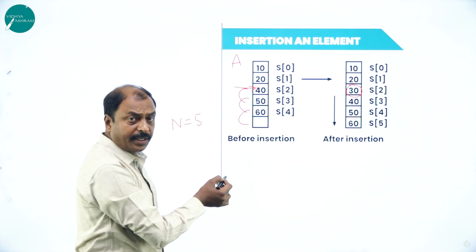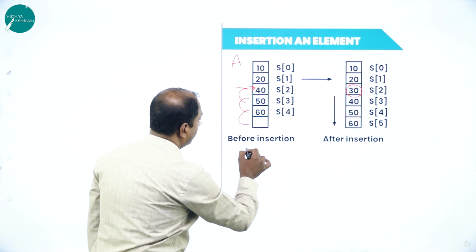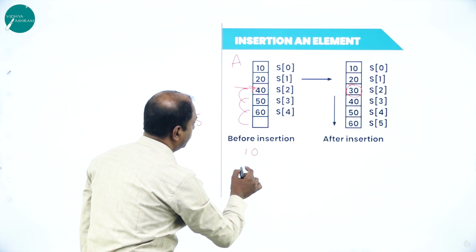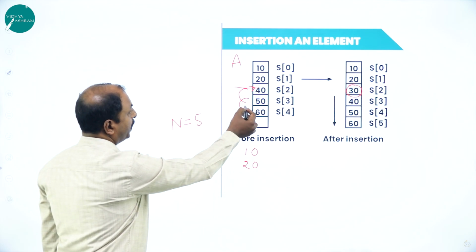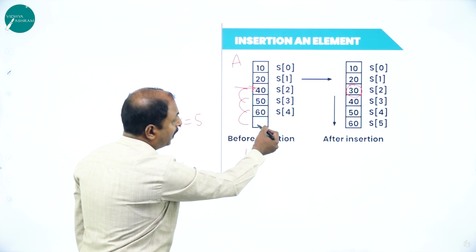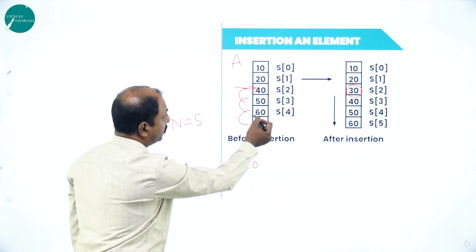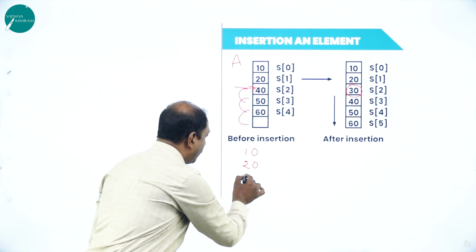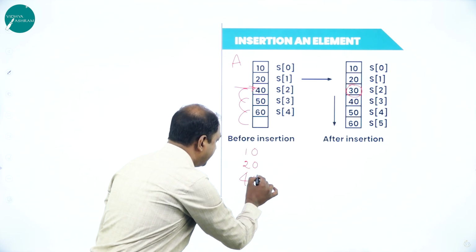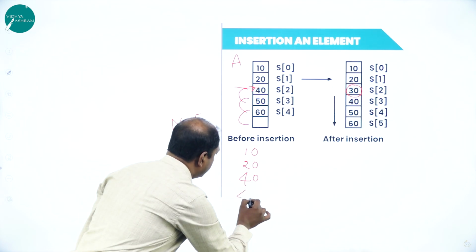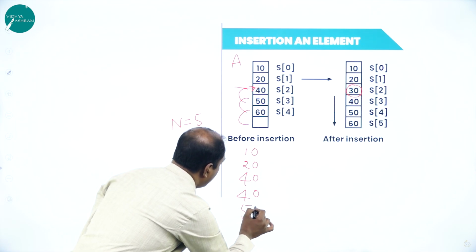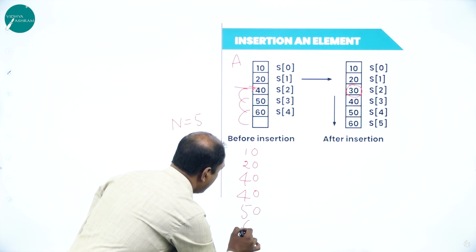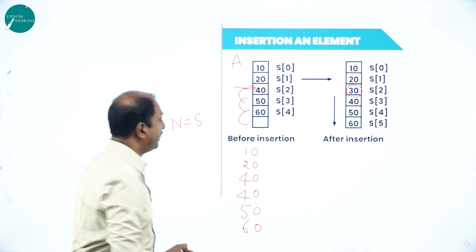Accordingly, the positions of the array will be: 10 as it is, 20 as it is, and we are going to shift the elements from the last. At this place 40, and then 50 and 60.